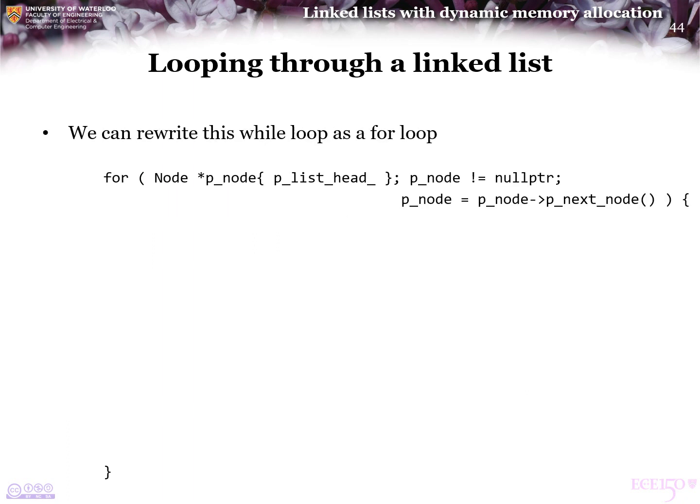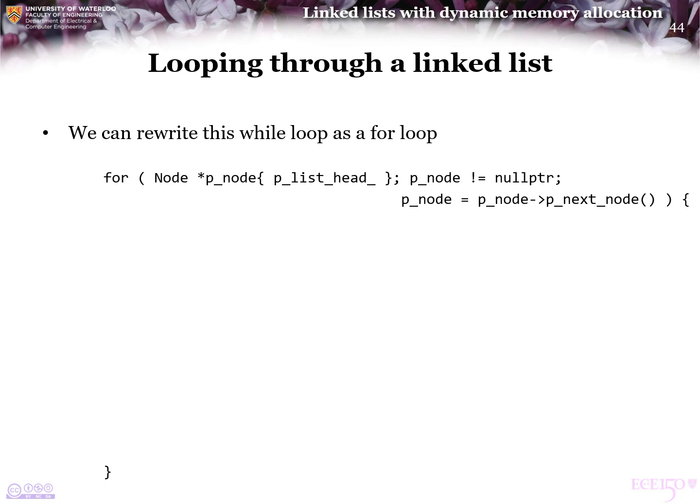Notice that we can rewrite this as a for loop. So pNode is the loop variable. It is initialized with pointer to list head.